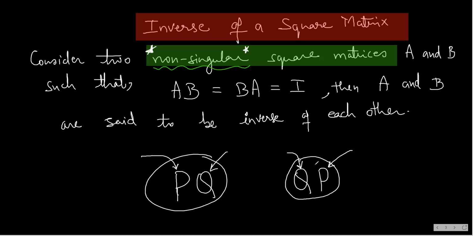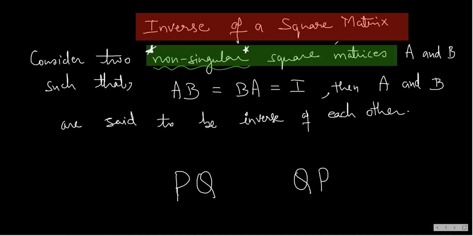And what we have learned in multiplication of matrices, we learned that PQ is not equal to QP in general. What is the meaning of in general? In general means all the time, without second thought.